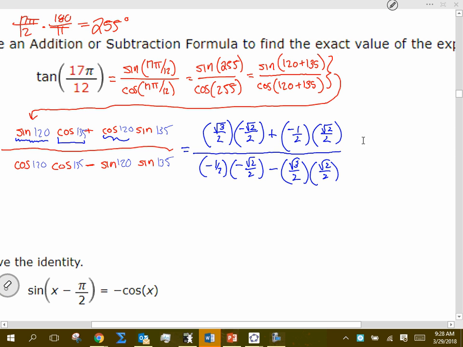All right, so we got some multiplication to do. Negative radical 6 over 4. Negative radical 2 over 4. I'm just going to write it, since the denominators are all going to be 4, right? Can I go ahead and do that algebra where I add the numerators together?